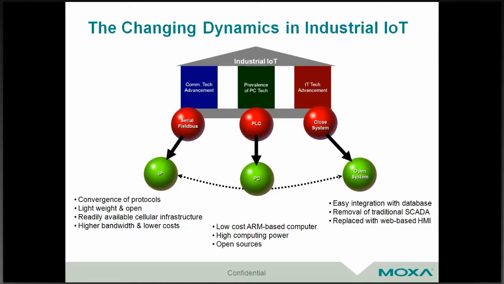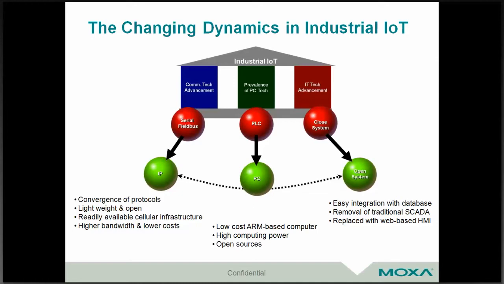The difference between M2M and IoT, again, is that in M2M, people use traditional radio, serial and field bus communications trying to get the data back to central locations. But IoT is trying to use the existing IP-based infrastructures, no matter whether it's a leased line or a Wi-Fi network or a 4G LTE network, to the central location where the data are being concentrated.